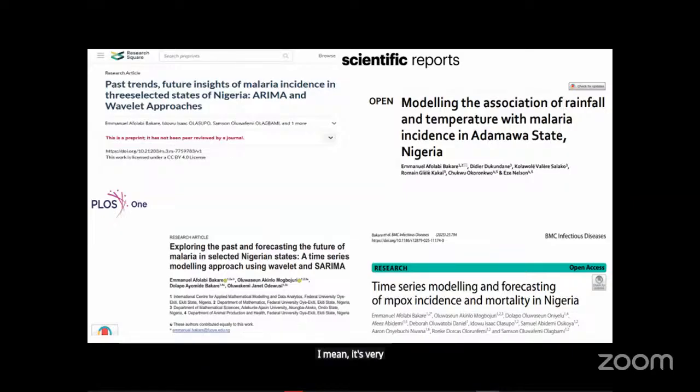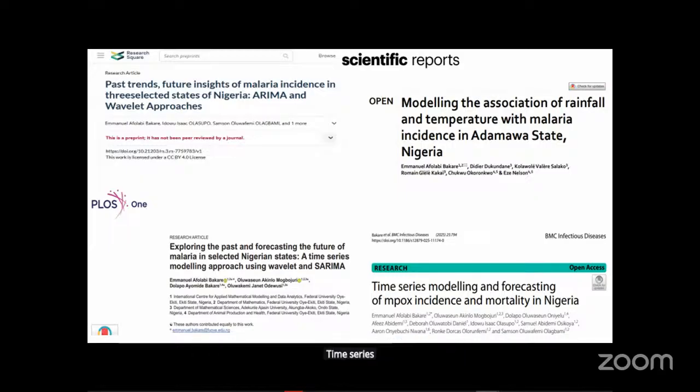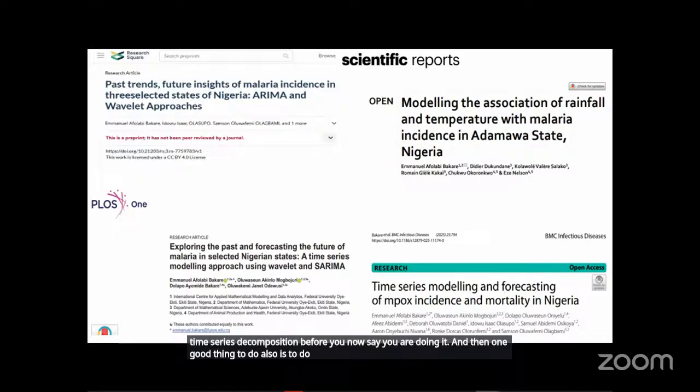That was why I was saying that if you have such a data set, the first thing to do is to test for normality, normal distribution. Check the distribution of that data before you even subject it to time series decomposition. And then one good thing to do also is data transformation.